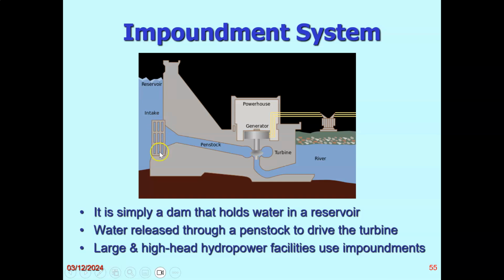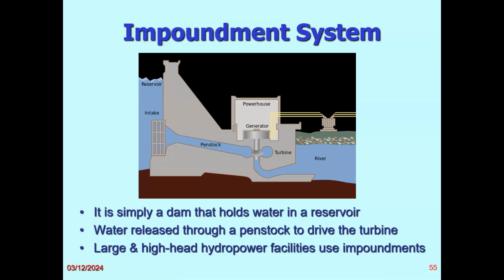Of course, you need to install some grids in order to filter the quality of the water, and you have the penstock as in the previous one, and then you see here the hydraulic turbine with the generator, the distribution, the powerhouse, behind or underneath your ground, and the river.